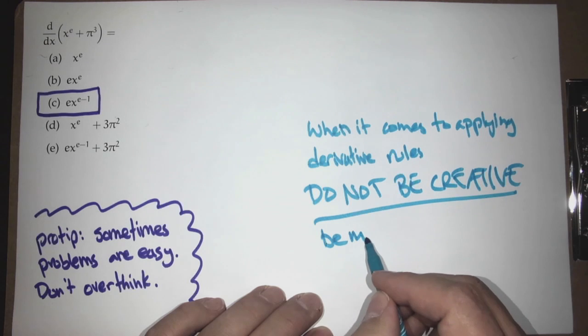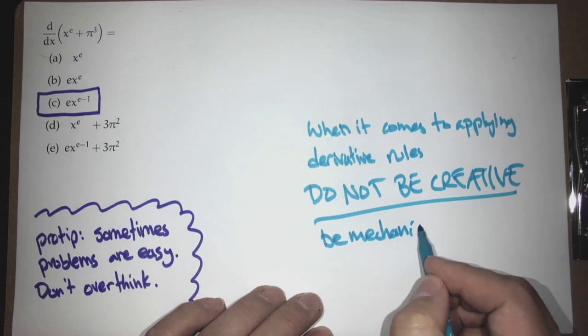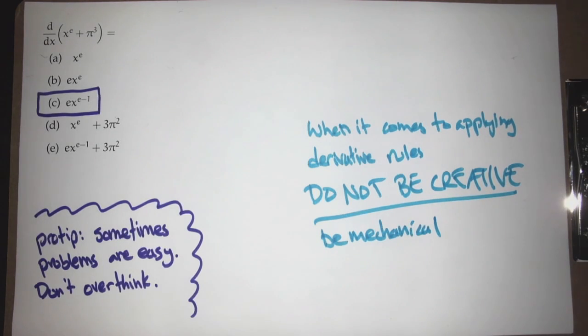Be mechanical. Just be a machine. Don't be like, normally the derivative of pi cubed would be 0, but I'm going to have some flair today, make it 17. No. Don't be creative. Write down the rules and just apply them exactly.